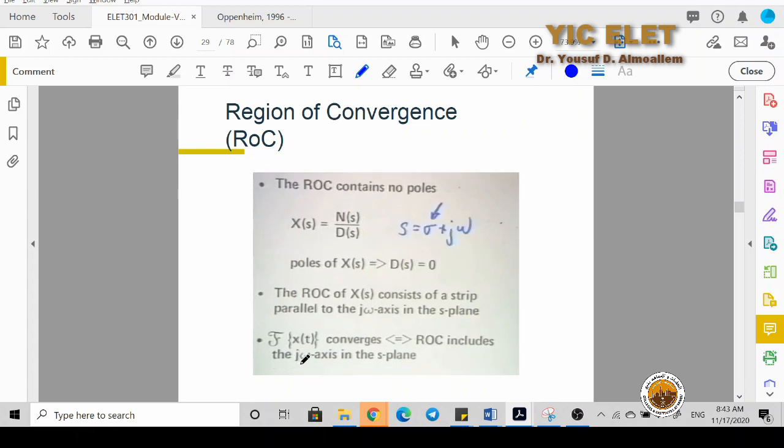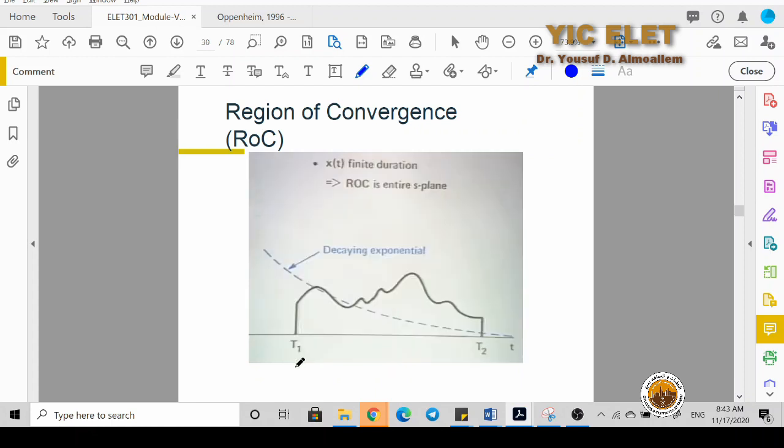Okay, now let's consider some generic examples.